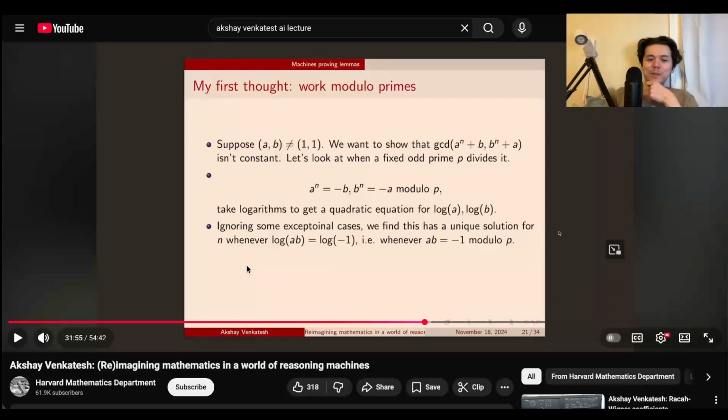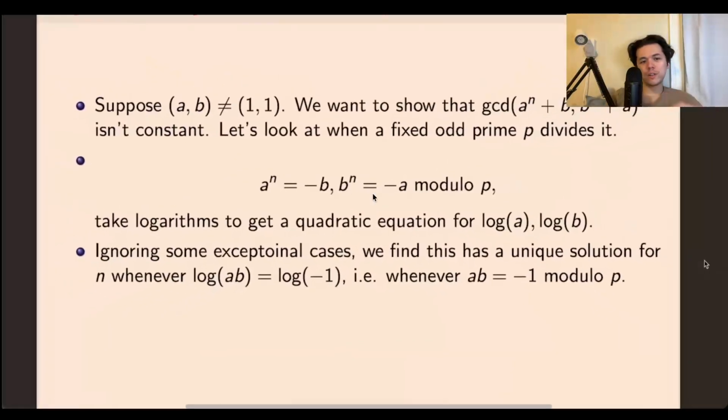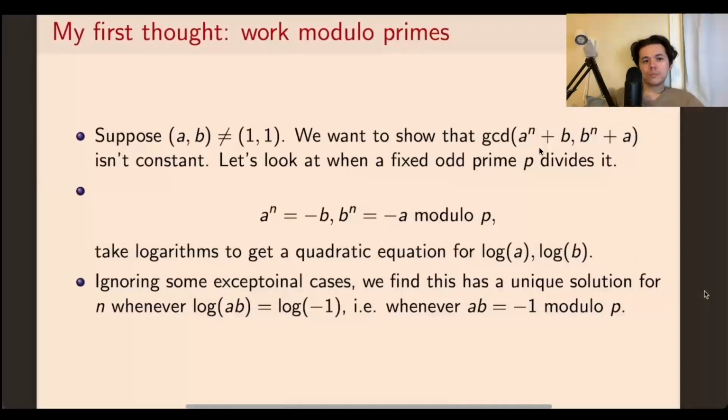I struggled with it a little bit. But to solve this problem, he used logarithms in a clever way. So the problem is, show that if a comma b are two positive integers, not equal to 1 comma 1, then the greatest common divisor of a to the n plus b and b to the n plus a isn't constant.